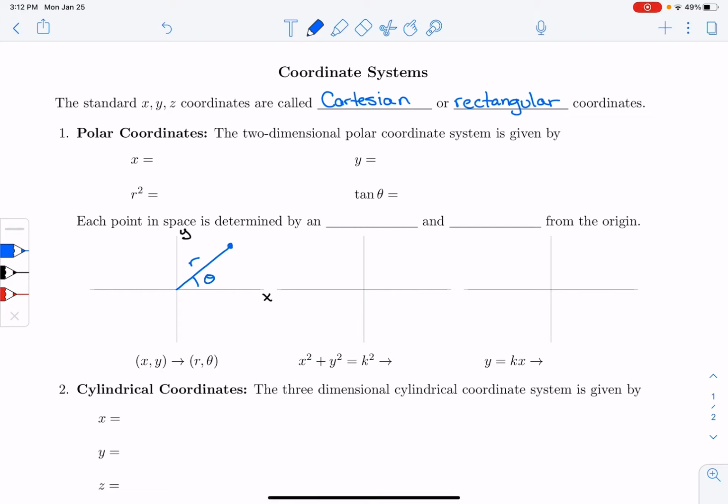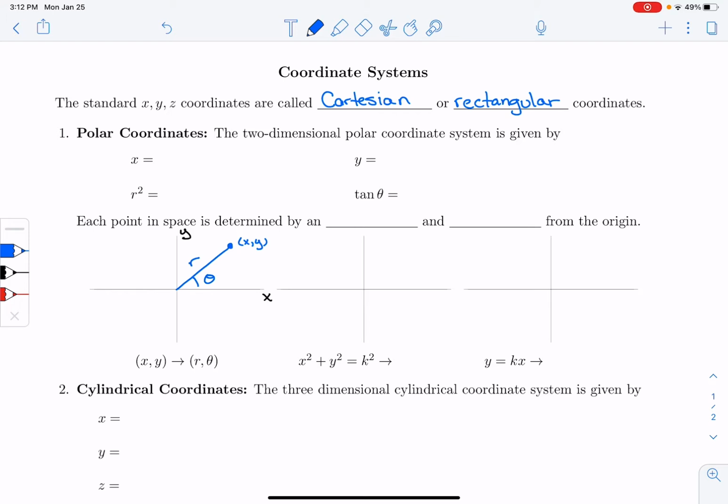And so this point can be thought of as either x comma y, the x distance horizontally and the y distance vertically, or r, the distance from the origin, and theta, that angle from the x-axis. And this is just another way to characterize points in the plane.